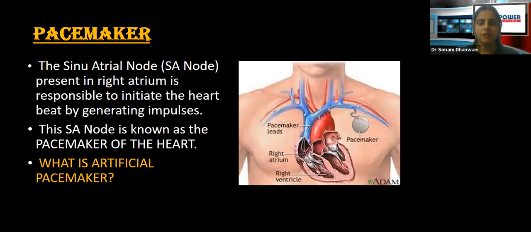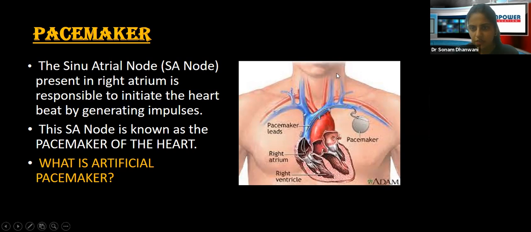If it does not initiate and maintain impulses, the heart won't beat, right? So now we need something artificial from the outside so that the impulse maintenance keeps going on. So in such patients, there is an artificial pacemaker which is placed in the heart.